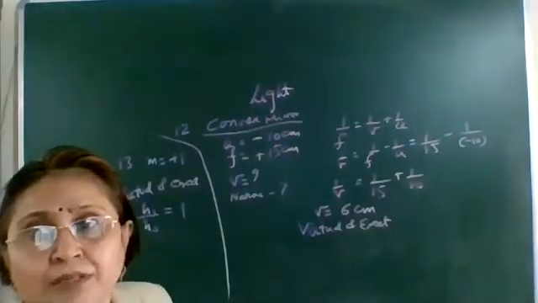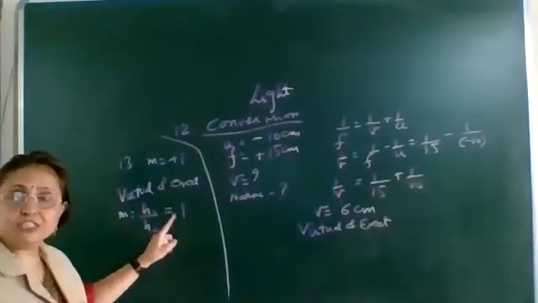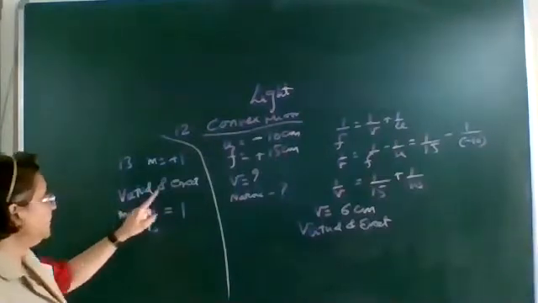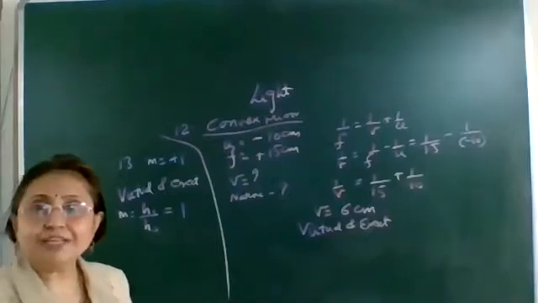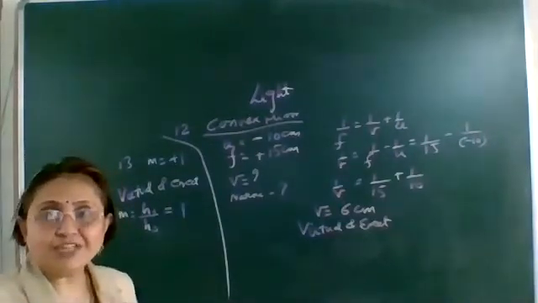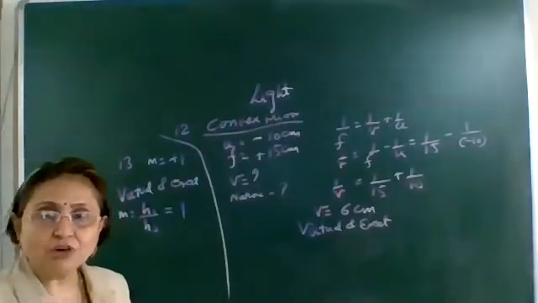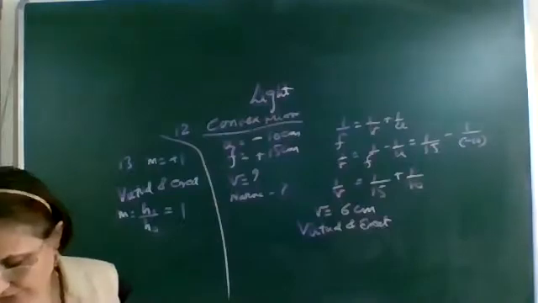So here the positive sign indicates that the image is virtual and erect, and the magnitude 1 indicates that the height of the image is equal to the height of the object, or you may say the size of the image is equal to the size of the object. Then let's proceed to the next question.